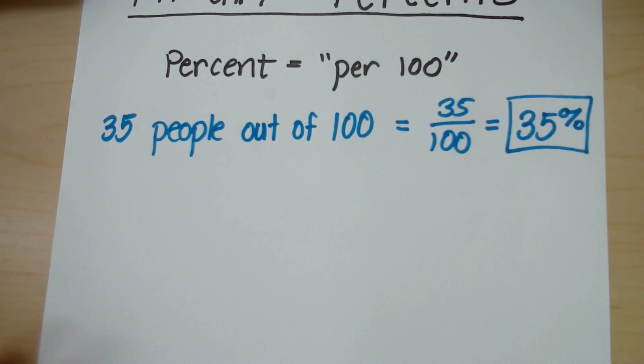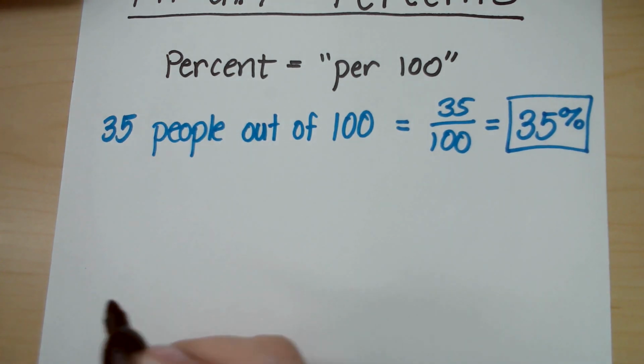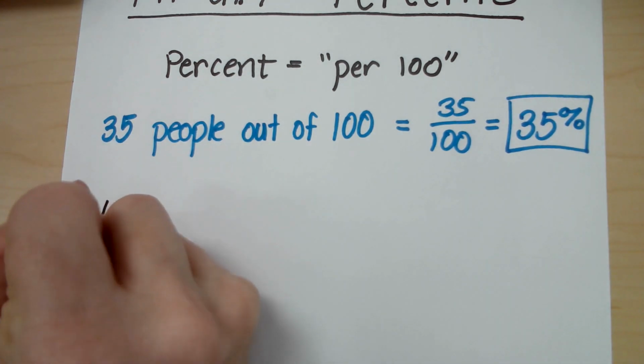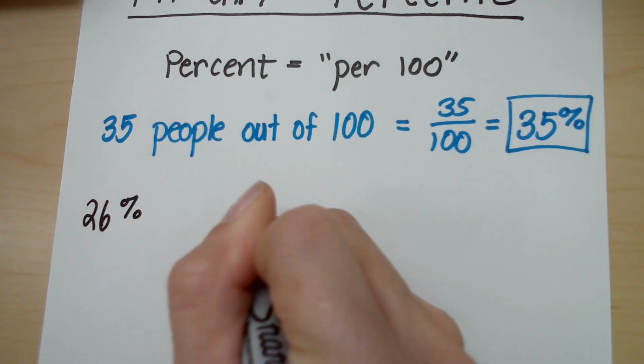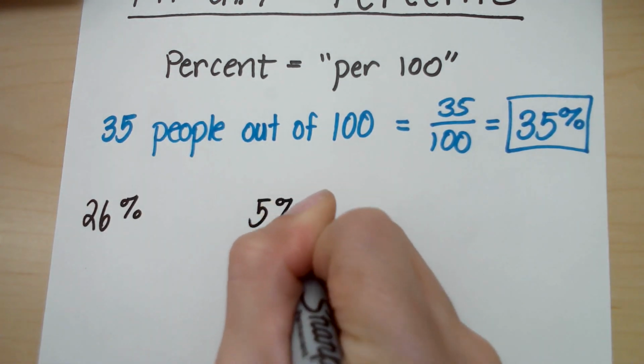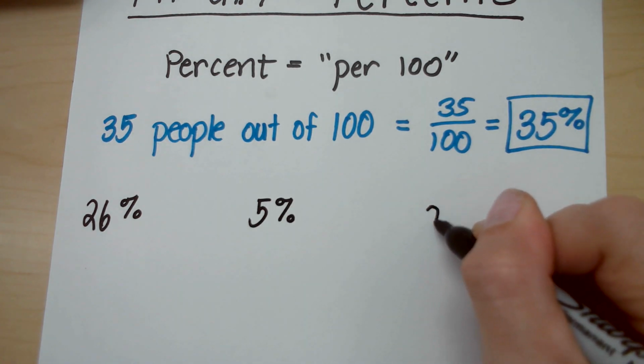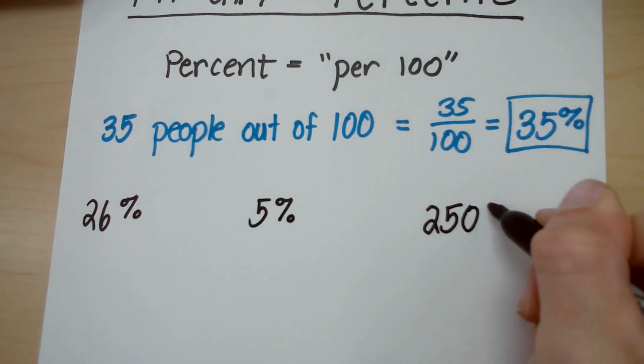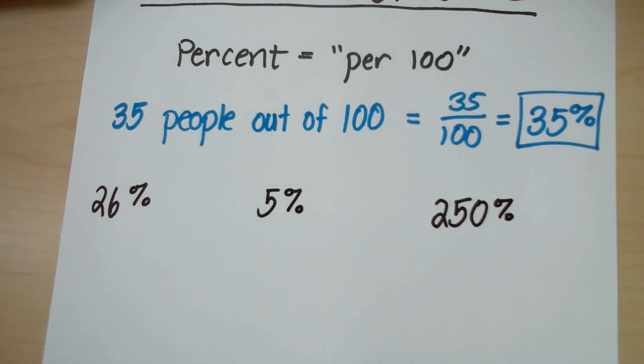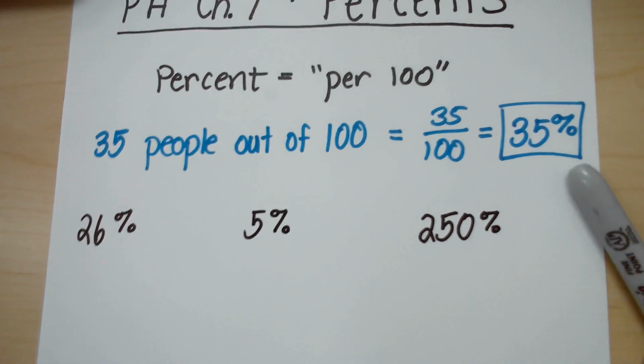Now, we also talked about how to convert decimals and fractions and percentages. So let's say we had 26%, 5%, and 250%. And we wanted to turn these into decimals.